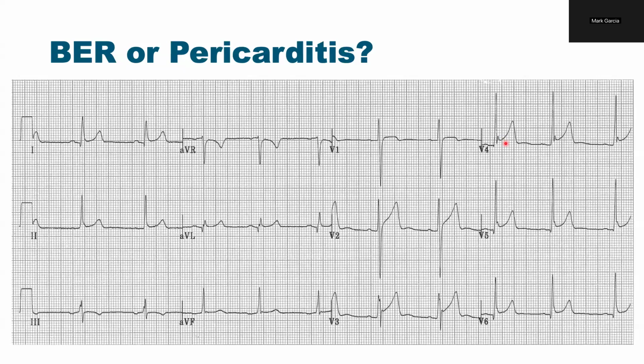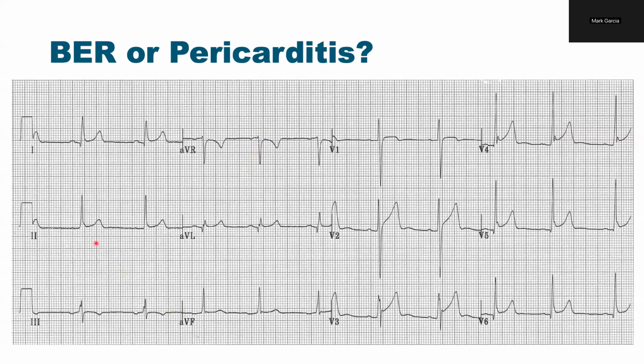But then you look further and you think, huh, there's PR depression in a few different areas, such as here, maybe also in V3, probably in V2, maybe also in V4. There's also maybe some PR elevation in aVR, which is reciprocal to all the other leads.